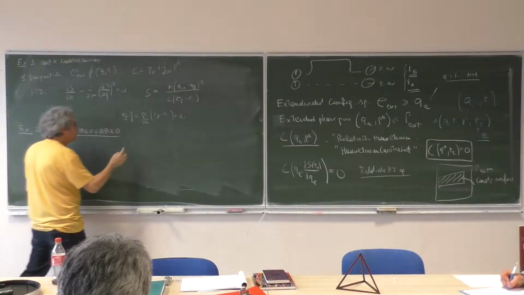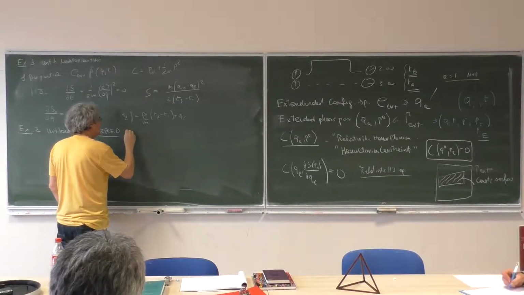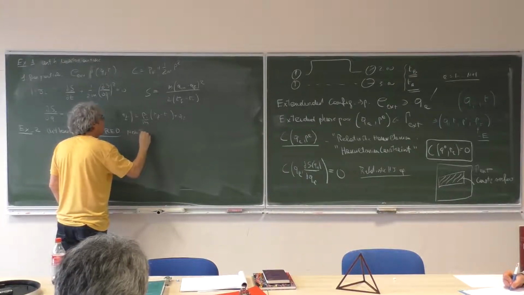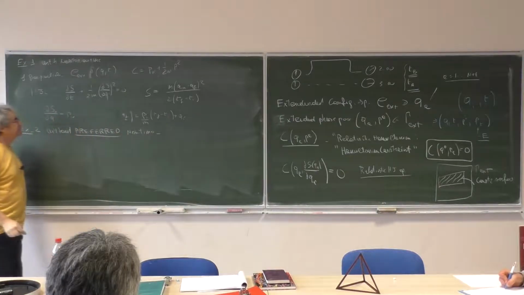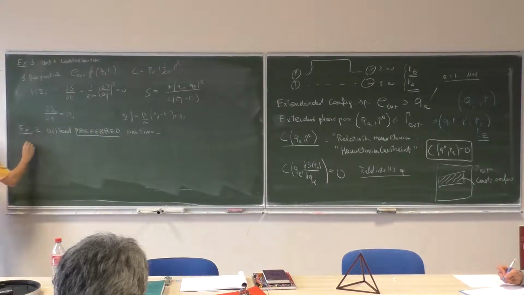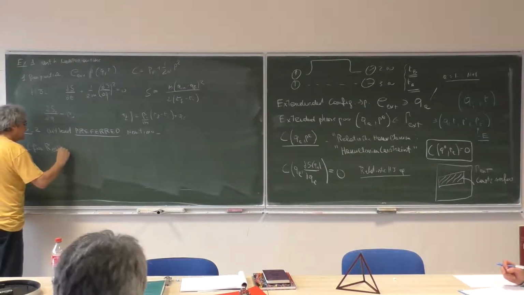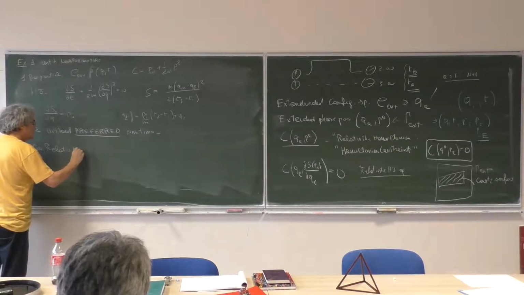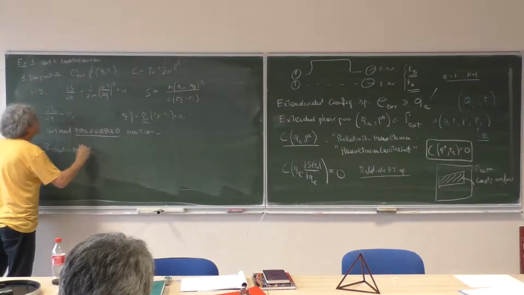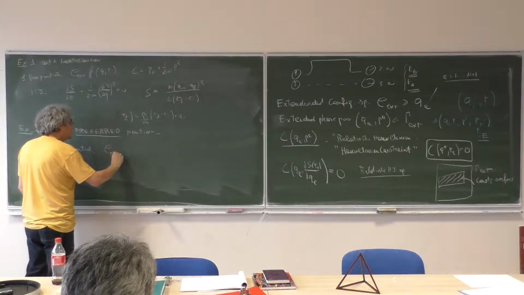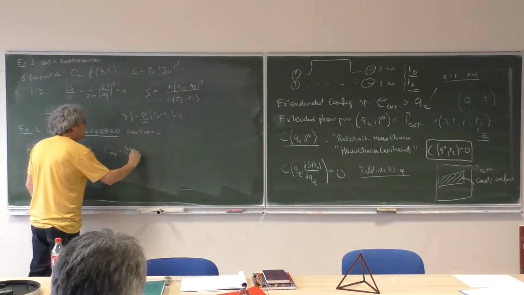Example 3 will have no Newtonian time at all. Preferred Newtonian time. This is also something you know very well. So one free relativistic particle, special relativistic particle. Then the extended configuration space is Minkowski space.